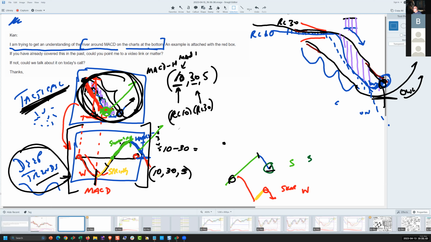Instead, if you go to regular MACD, it'll use a simple moving average of something and a simple moving average of something else, and sometimes they use price. But we're using the RL10 value and the RL30 value as the fast and the slow.